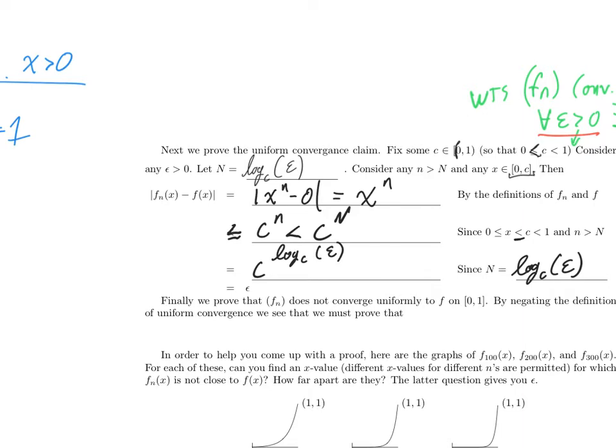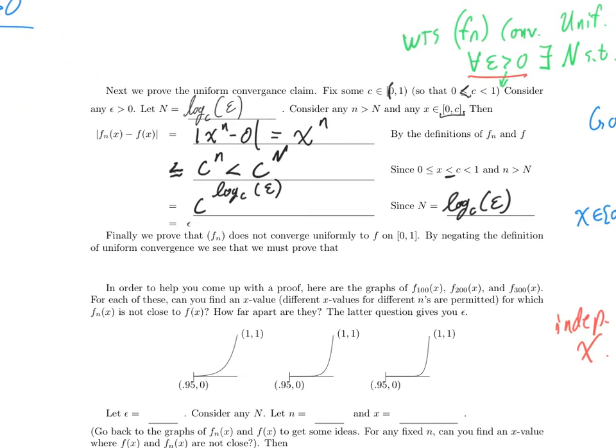But that simplifies just down to epsilon. So let's see what we did. We have proven that for every epsilon bigger than 0, because we started by considering any epsilon bigger than 0, there exists some big N, namely that, such that for any little n bigger than big N and any x in the interval from 0 to c, the difference between f sub n of x and f of x is less than epsilon. I was worried it was less than or equal to, which would have been a problem.